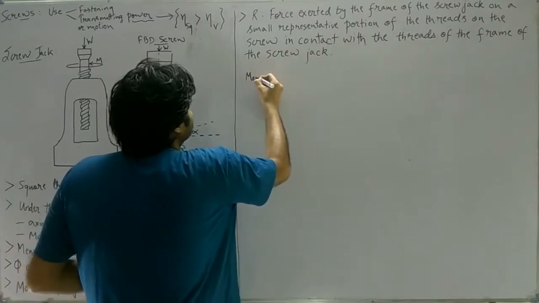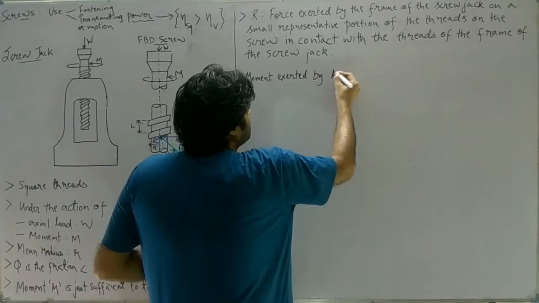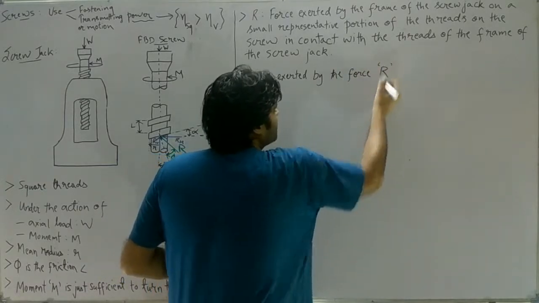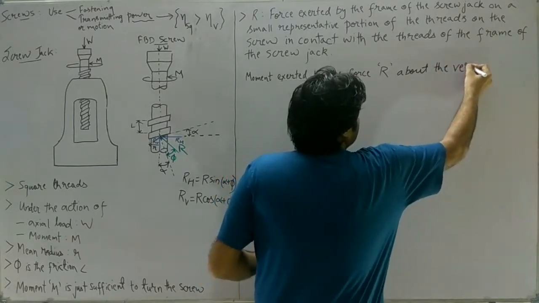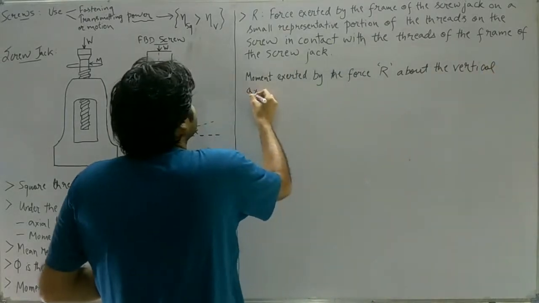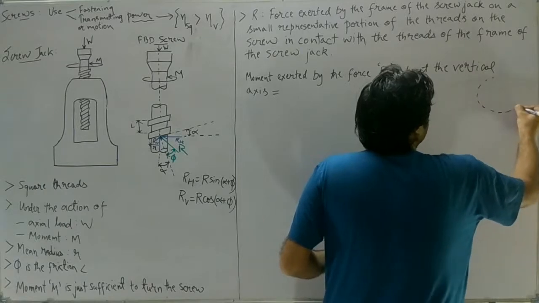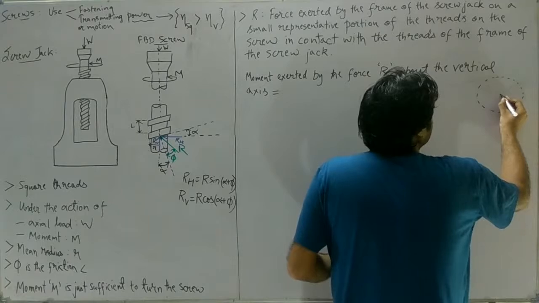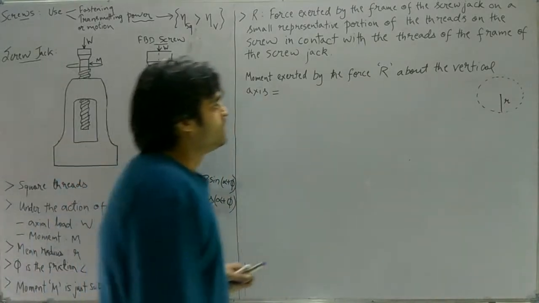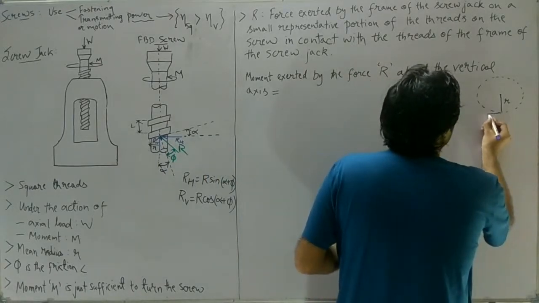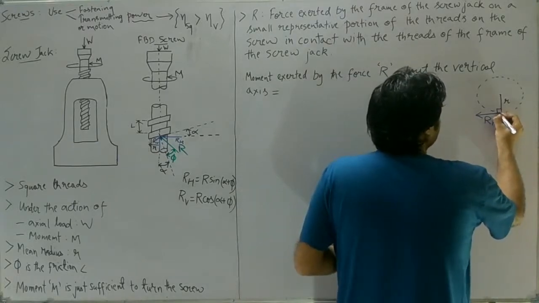So the moment exerted by the force R about the vertical axis is equal to, so now if we look from the top, now this will be the average radius r, okay, and the horizontal component of the reaction R will be acting like this, and they will have an angle of 90 degrees between them.